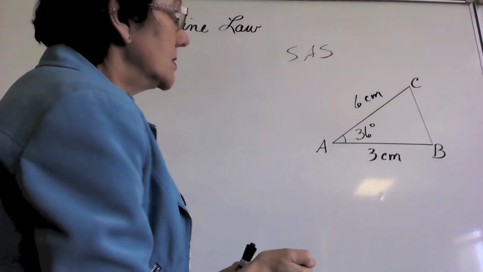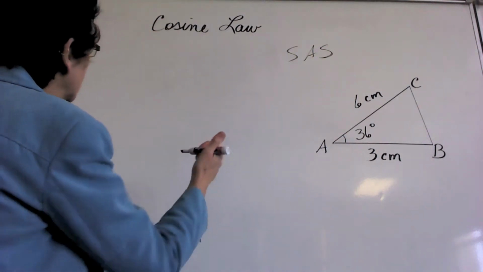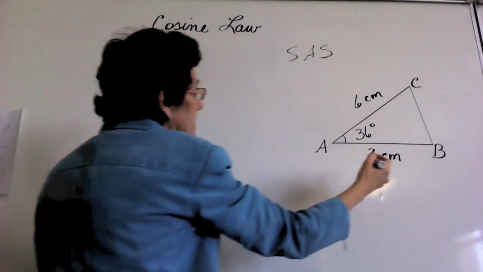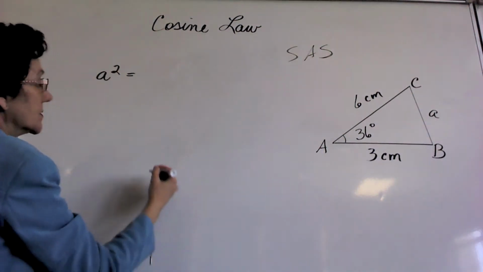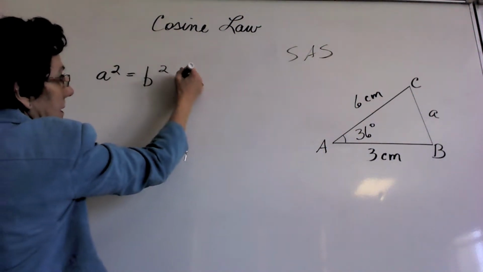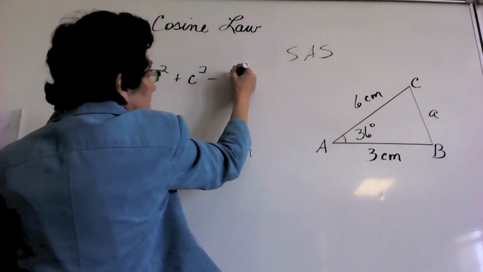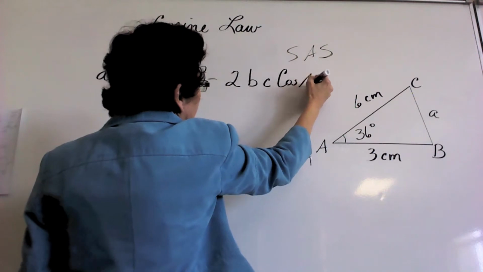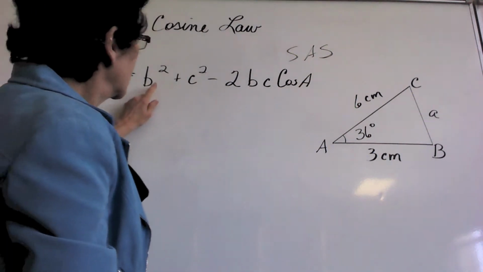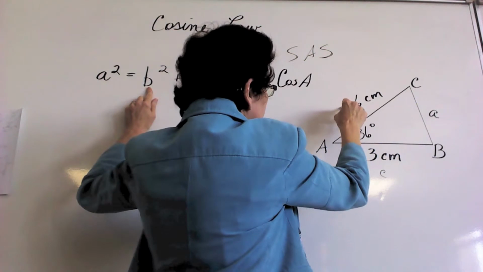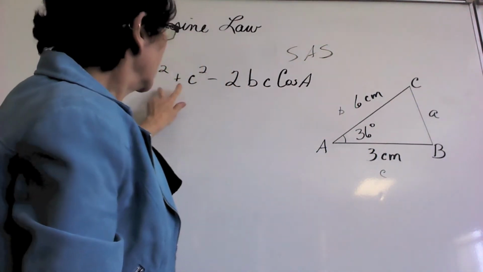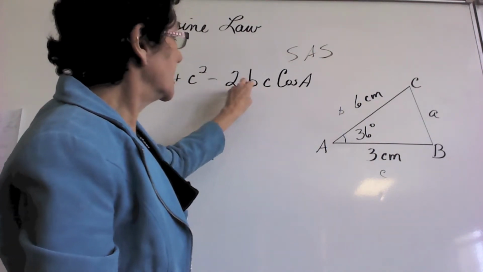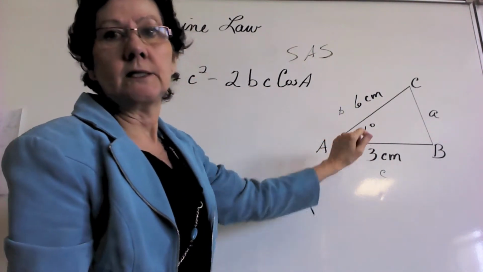So law of cos is a squared equals, and that's what we're going to solve for, side A squared equals b squared plus c squared, subtract 2bc cos of angle A. So A squared equals, this is our C, this is our B, squaring both of those sides, subtracting the product of those two sides twice, and then multiplying times the angle.